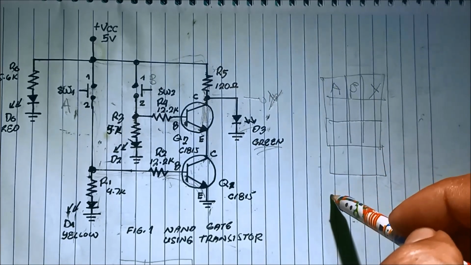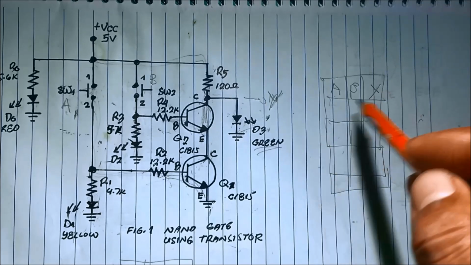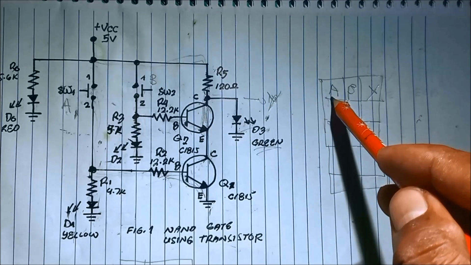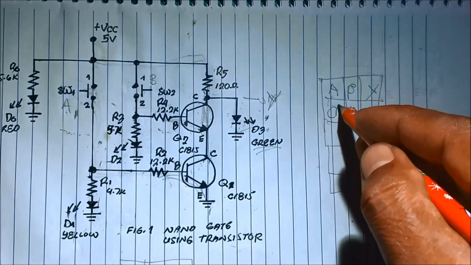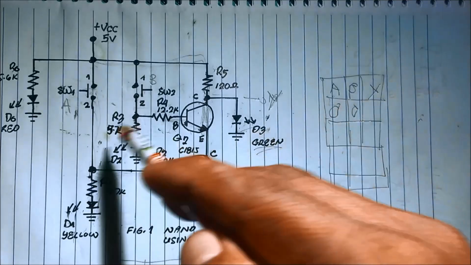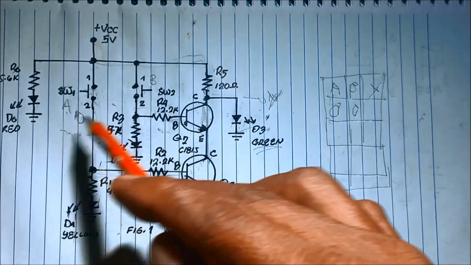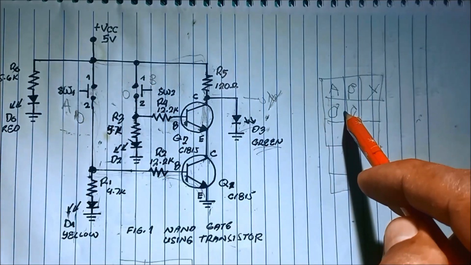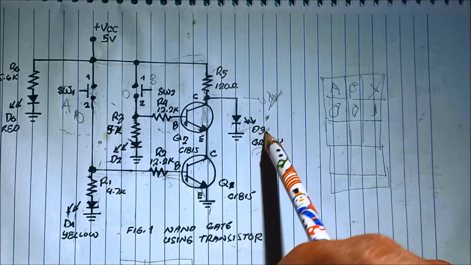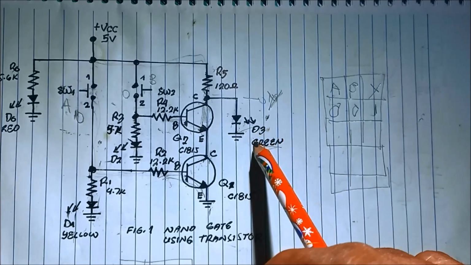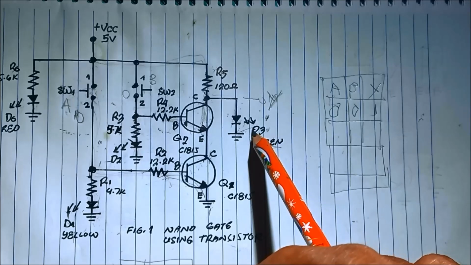And then, initially, for the truth table, when switch A is 0 and B is 0, it means we did not press the switch. That's why it is 0. The output is 1. Why is it 1? Because this output LED turns on. Okay?